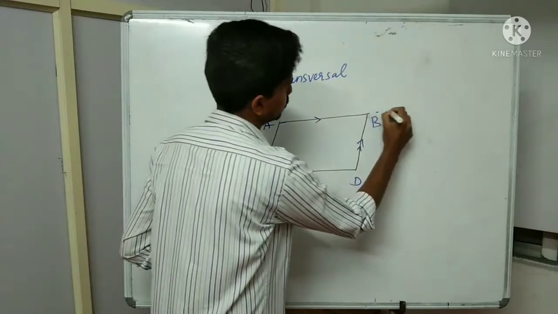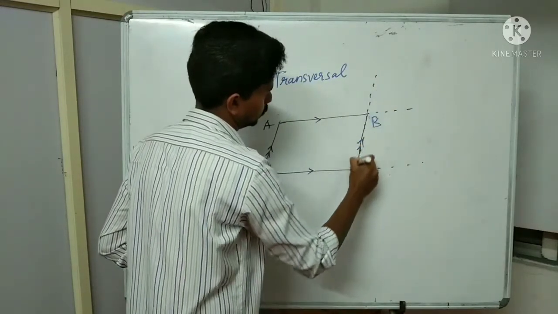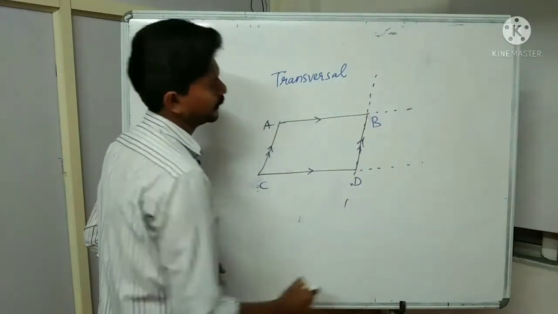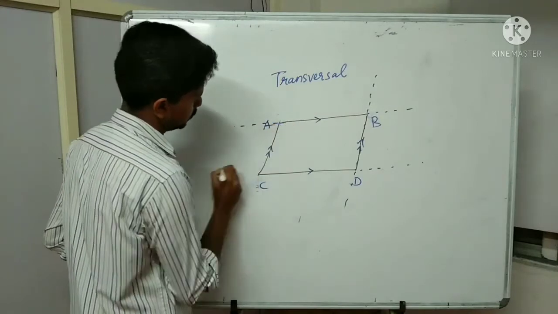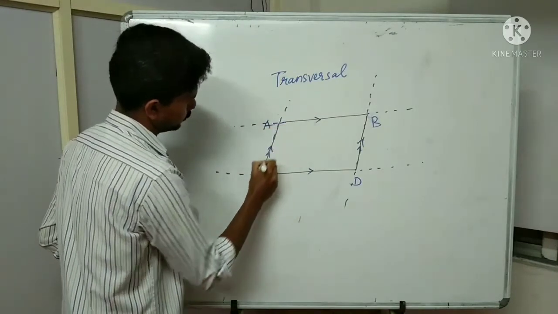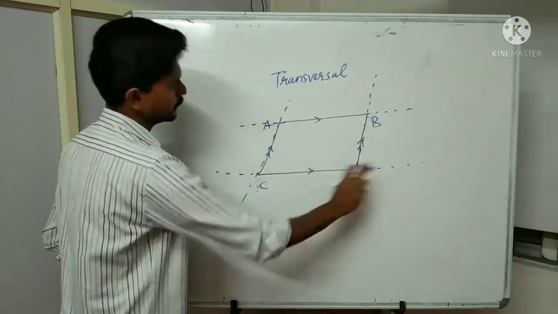When we extend this one, this line acts as a transversal, and also if we extend these lines, the AC will be a transversal of the lines AB and CD.